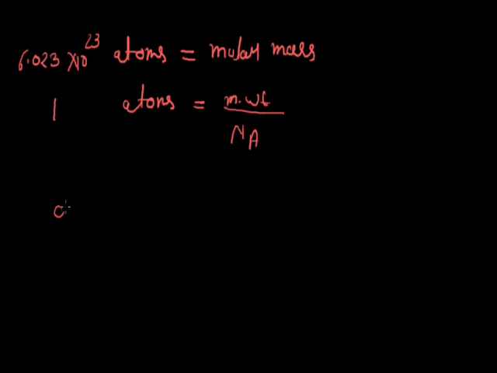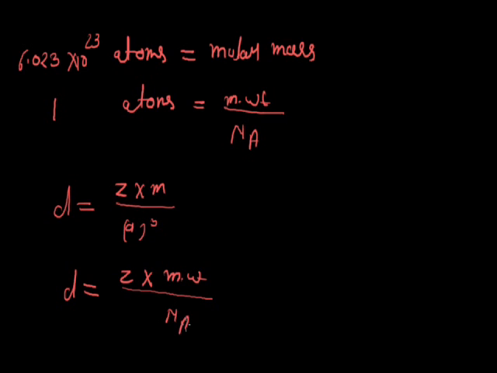So if we use the formula, density equals Z times small m upon a cube, now we use molecular weight upon N_A in place of this small m. So here we have the formula: density equals Z times molecular weight upon Avogadro number times a cube. By using this formula, we can decide the molecular weight of any single atom.